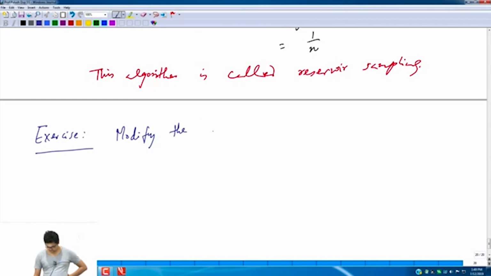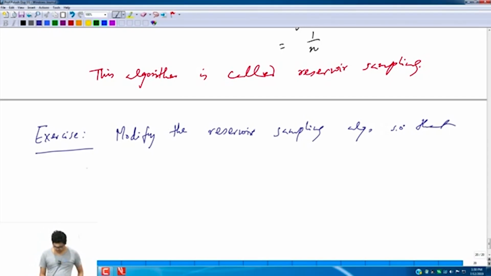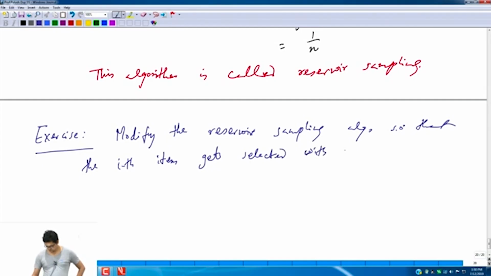Modify the reservoir sampling algorithm so that the ith item gets selected with probability say pi.